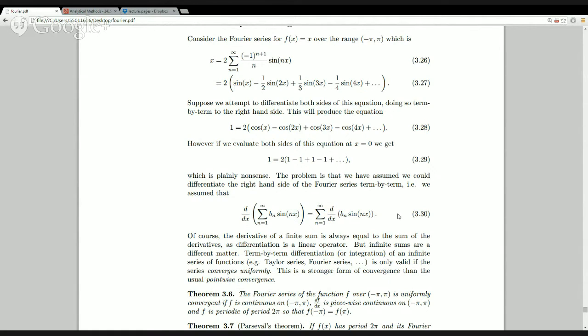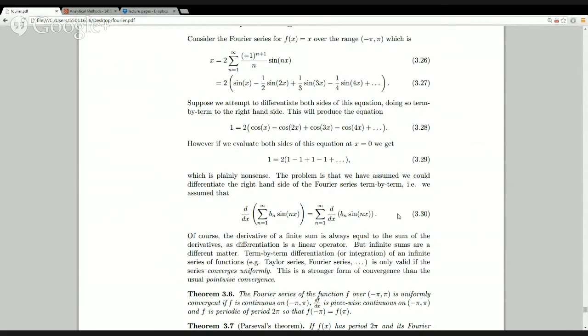Now, the problem arises because of the infinite nature of these sums. There is nothing wrong with saying that the derivative d/dx of a finite sum of some functions, whatever they are, is the sum of the derivatives. That is correct, assuming those functions have derivatives.